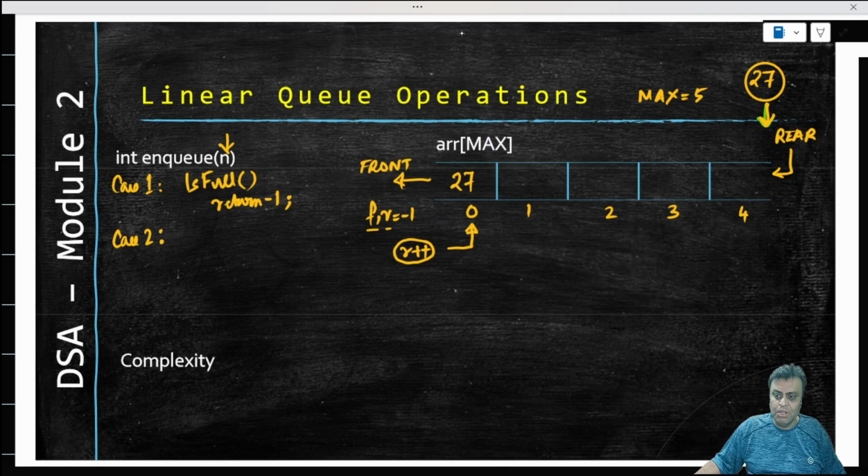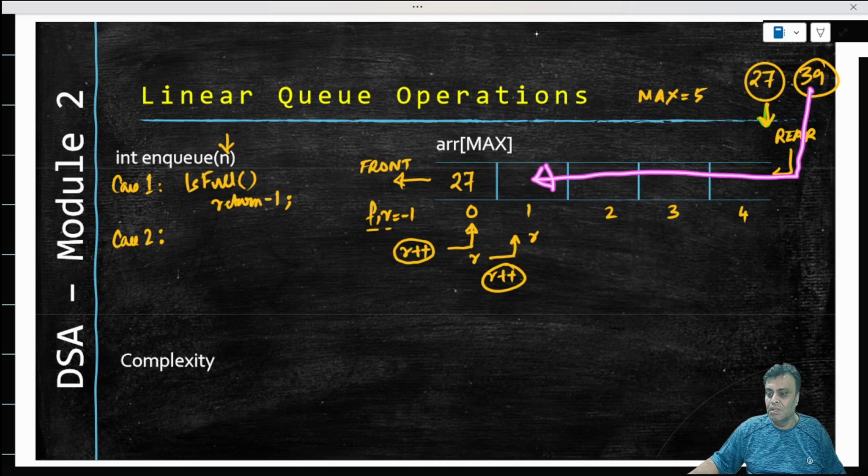And if you think about it, if we then have one more element coming in, let's say 39, then because rear++ has taken my rear to here, another rear++ will take my rear to here, which is at 1, and therefore this 39 can easily enter into the newly pointed rear index.